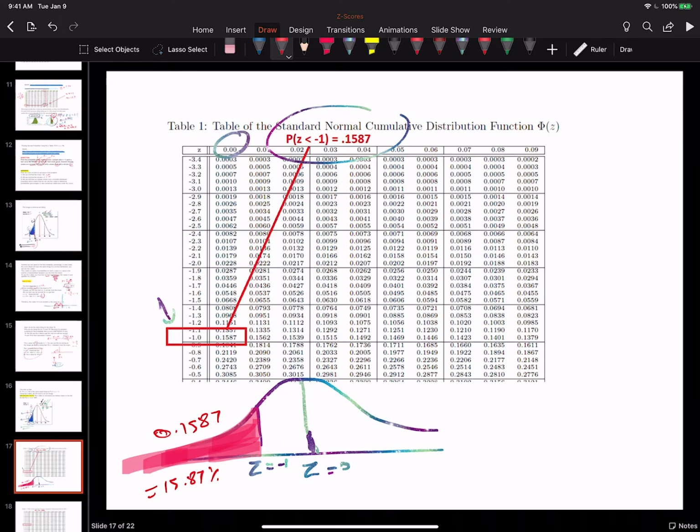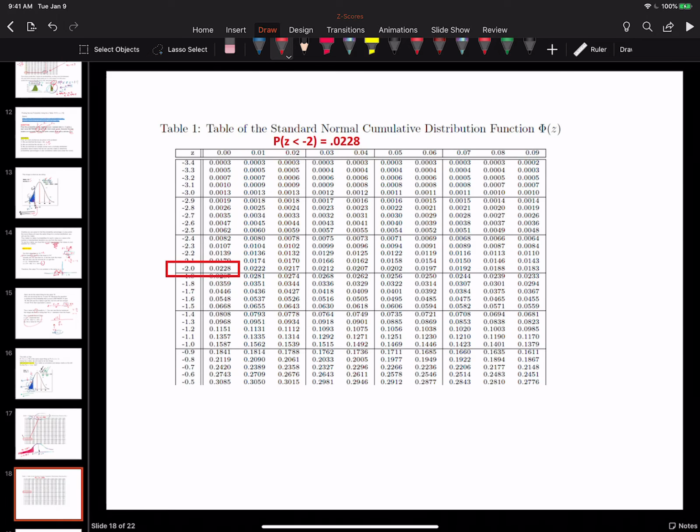Now let's read below -2. Below -2 should be a little bit less. Below -2, it's this much, as you could see, because you're reading without anything being added to -2.